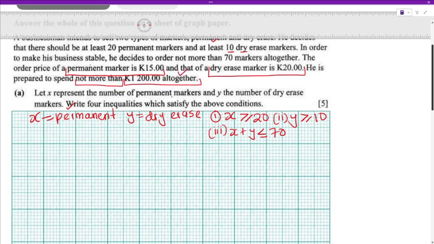We said whenever you see altogether, it's X plus Y, except in this case we're supposed to include the money attached to each marker. So permanent is costing 15, so you're going to say permanent is represented by what? X. So you're going to say 15x. You're simply getting that money and you attach the value representing that marker. Okay, we proceed. So there's this word altogether at the end, so it's plus here.